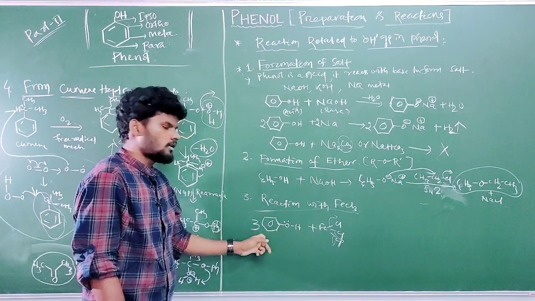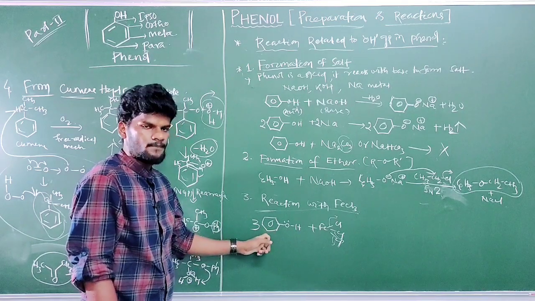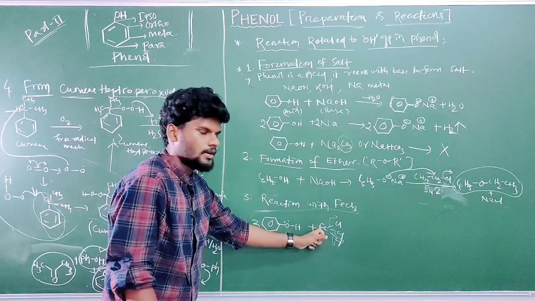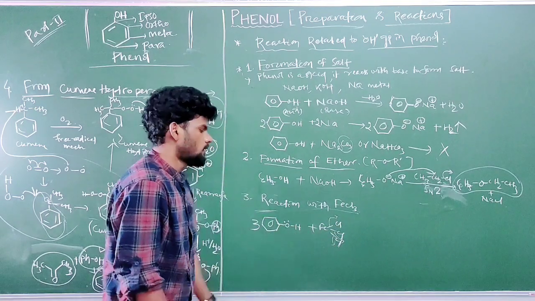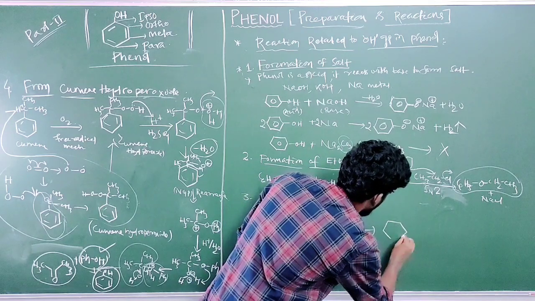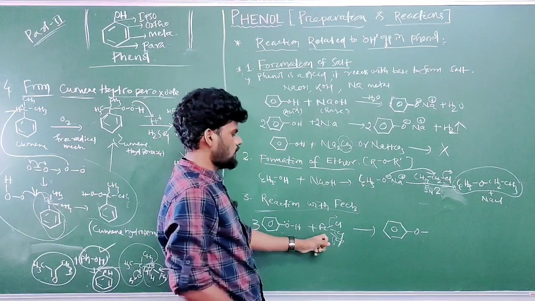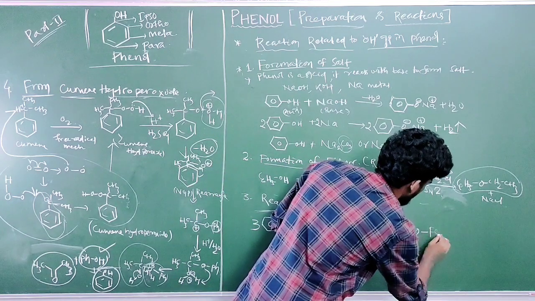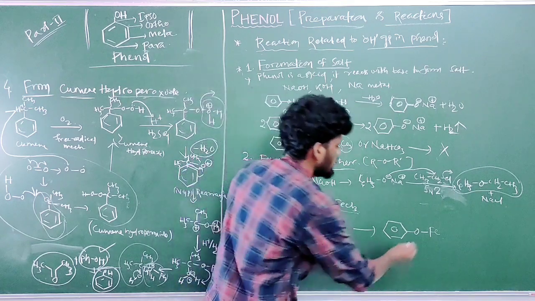The 3 moles of phenol molecules, as nucleophiles, attack the electrophile Fe atom and replace 3 moles of chlorine. So what will the product be? Oxygen, and the oxygen is now attached to iron, and 3 Cl groups are released.